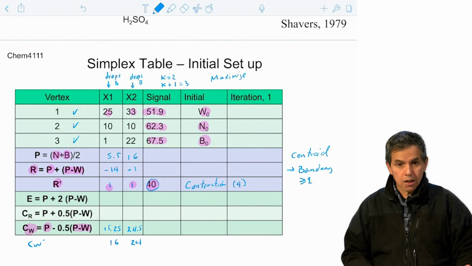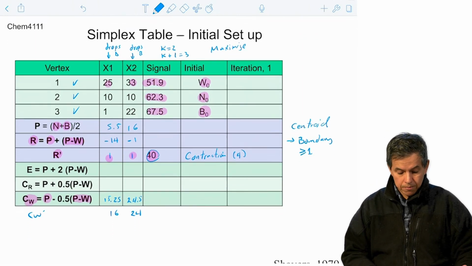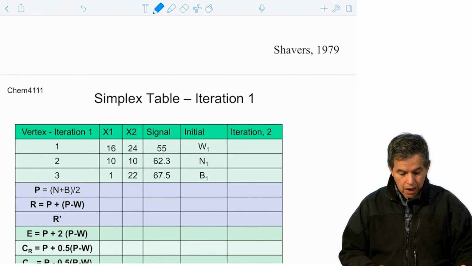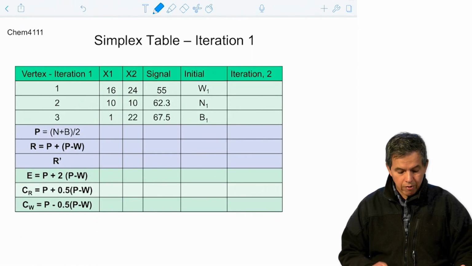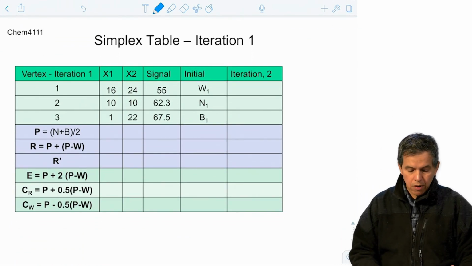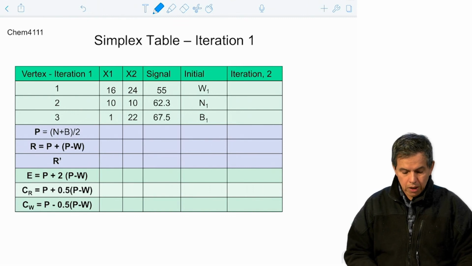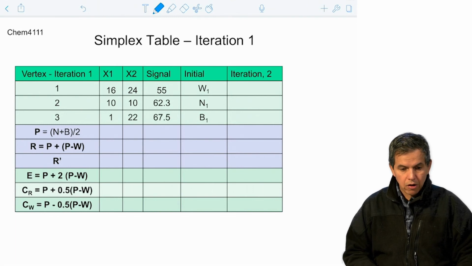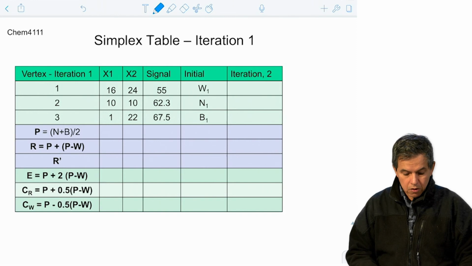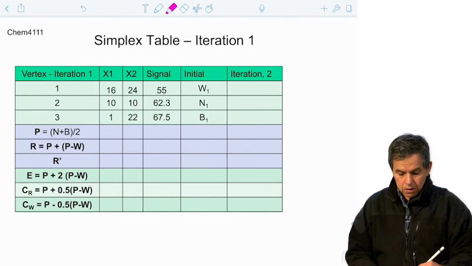So if we are using Excel, we can create another table, and in this new iteration, what we are going to be doing then is to consider the values that we had from the previous table and the new value that we calculated from the contraction. So as we can see here, this corresponds to 16 and 24.